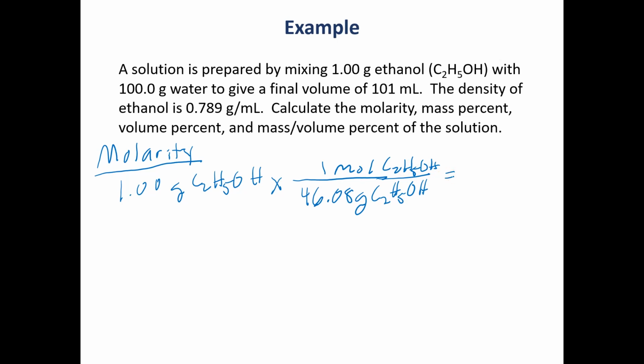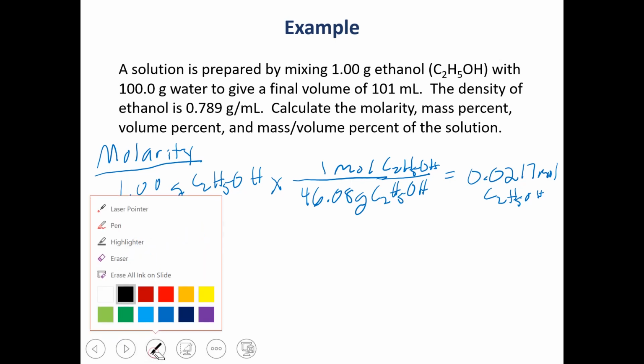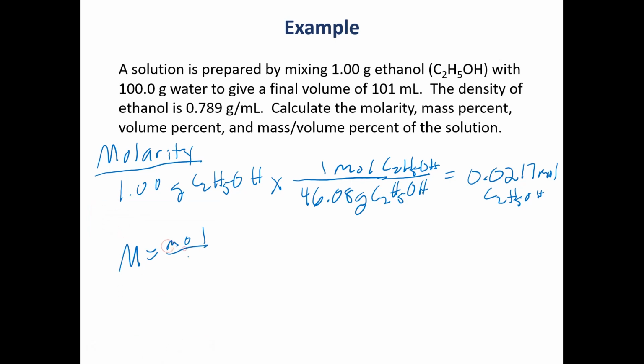So 1 divided by 46.08 comes out to 101 milliliters divided by 1,000 will give us 0.101 liters.